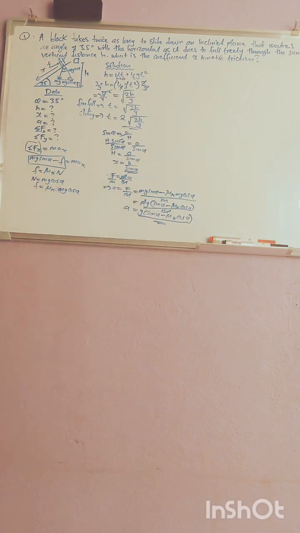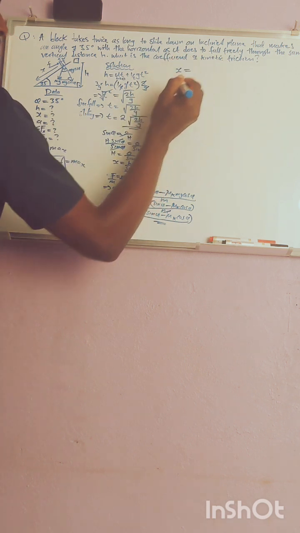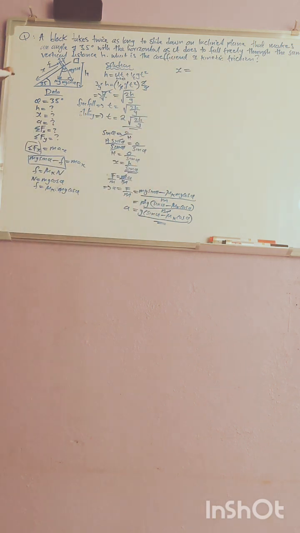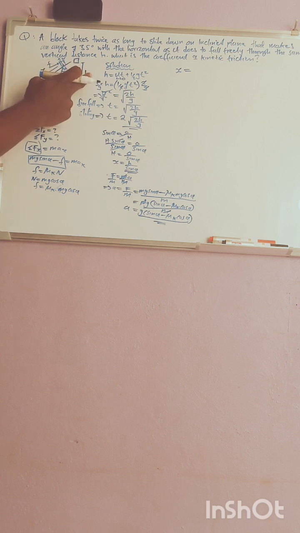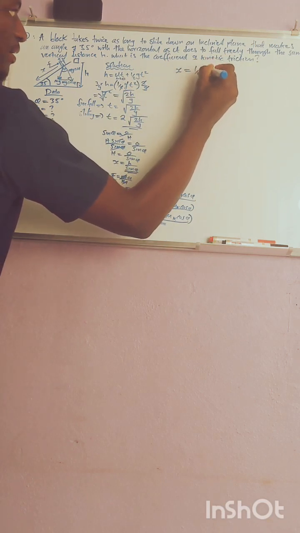We have our acceleration. Now how do we find the distance, this distance here? We are relating this distance to this height. This distance will be equal to 1 over 2 a t squared.